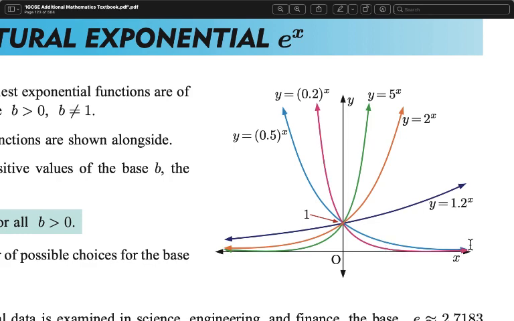And when the base is lower than 1, the larger it is, the less steep it's going to be. However, this is different when the base is larger than 1. When the base is larger than 1, the more positive the base is, the steeper the graph is going to be, as you may see in this case. When y equals 5 to the power of x, the graph is going to be much steeper than y equals 2 to the power of x.